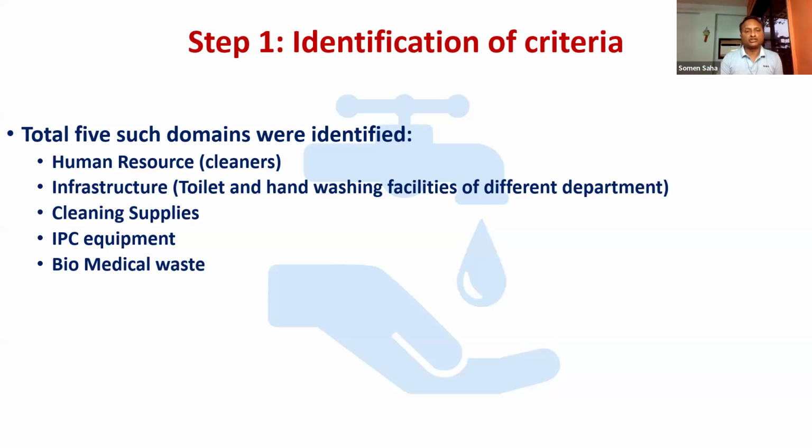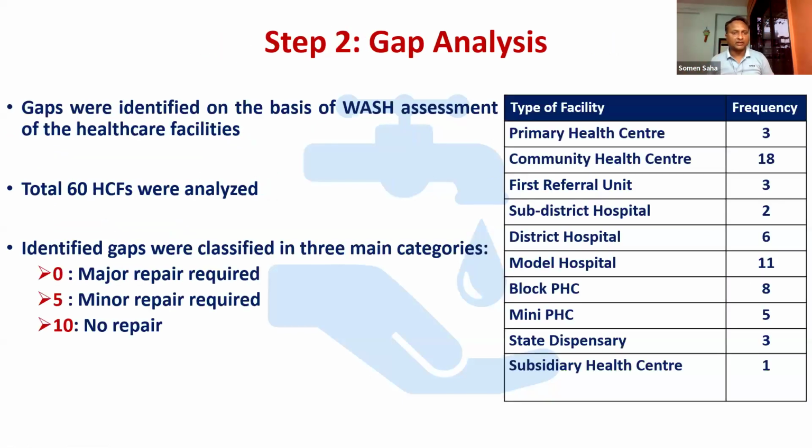Second was infrastructure: toilets and hand washing facilities at different departments. Third was cleaning supplies. Fourth was infection prevention and control equipment. And fifth was biomedical waste management practices. So these were the 5 domains in which we assessed those facilities to understand what the gaps were to make those facilities WASH compliant. Next slide.